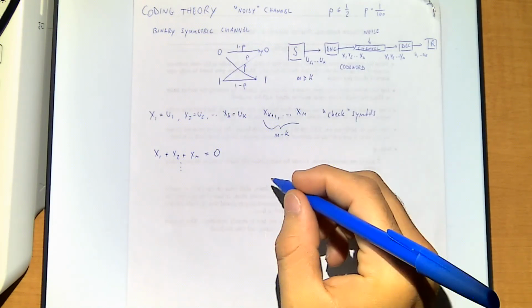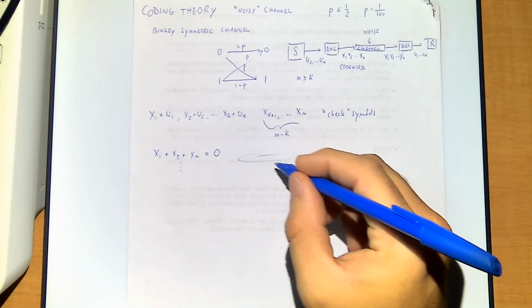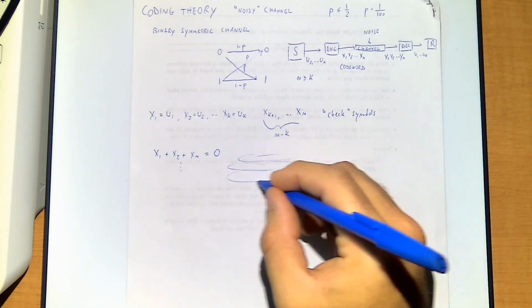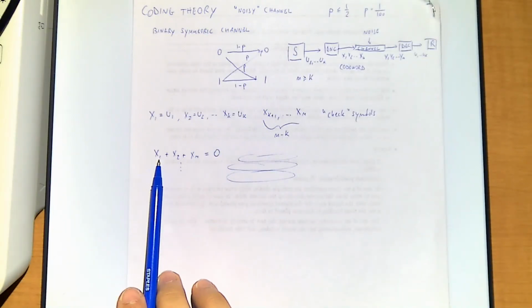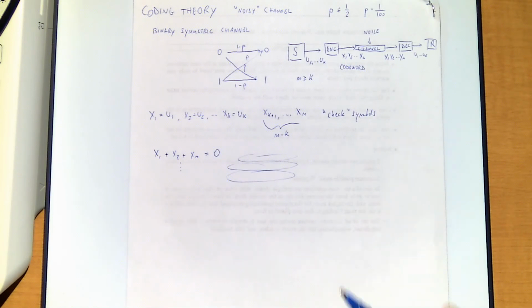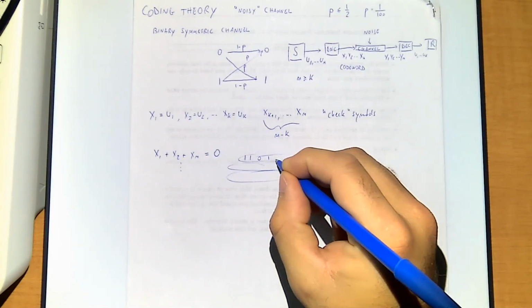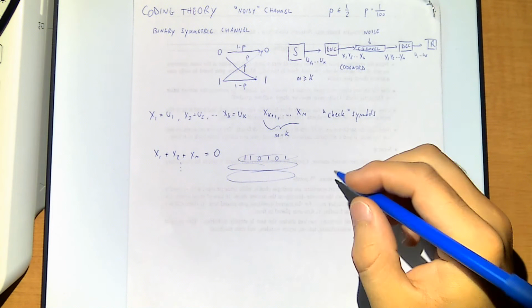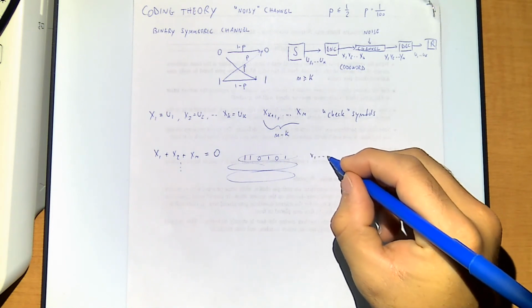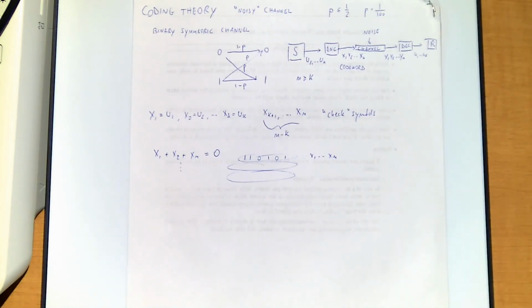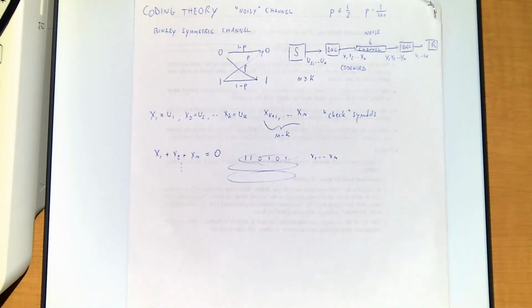So I get a bunch of equations, first equation, then another equation, then another equation, right? And all these equations are essentially, I mean, we're talking bits, so they're going to be binary. They're going to be like 1, 1, 0, 1, 0, 1, whatever, times x1 through xn, right? And that gives me the first equation. And then I have another vector times that, and that gives me another equation, and so on.